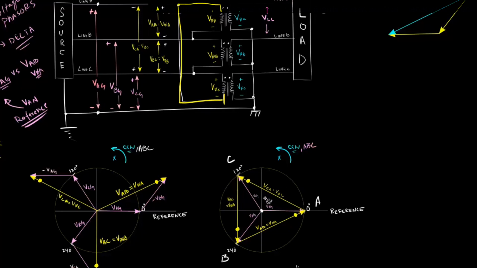The polarity side of V phase C, which is this winding here, is connected to the non-polarity side of V phase B. So the polarity side of V phase C, which is right here, is connected to the non-polarity side of V phase B. And then lastly, the polarity side of V phase B is connected to the non-polarity side of V phase A. And there you have it.